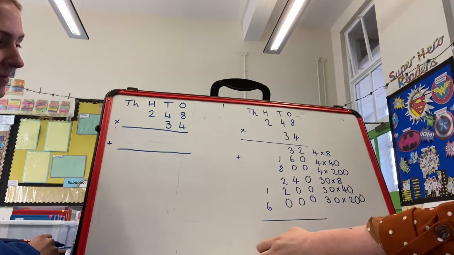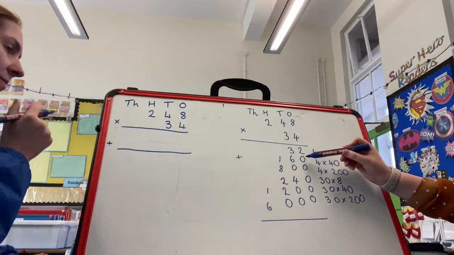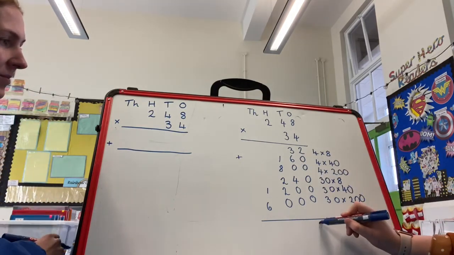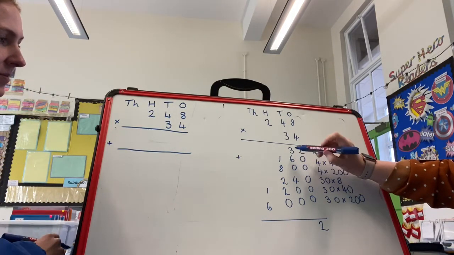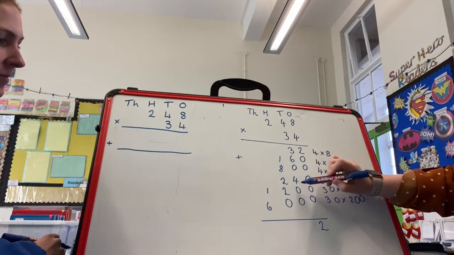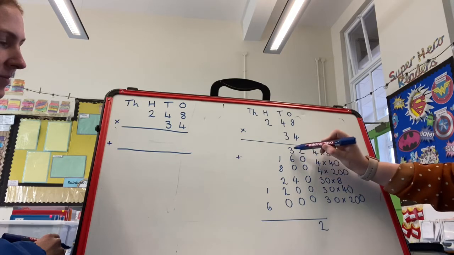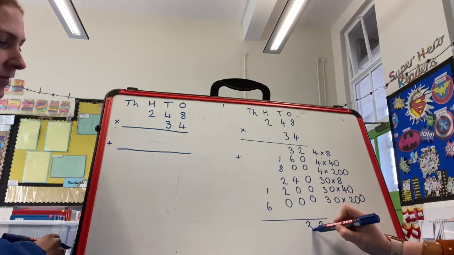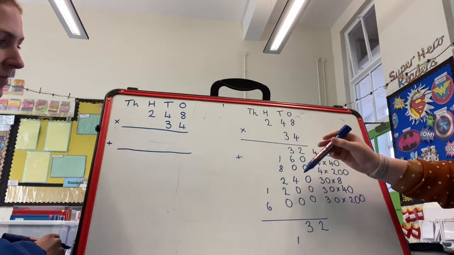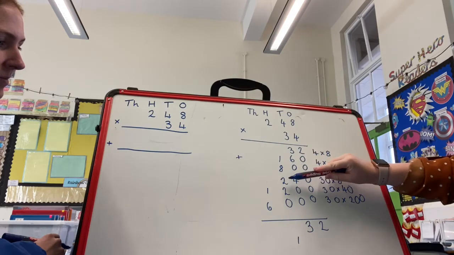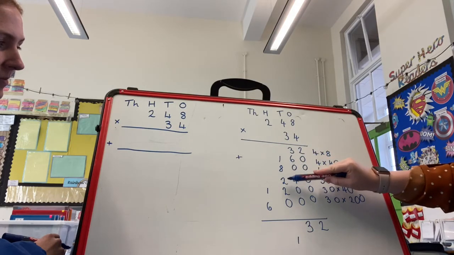all up, all together. 2 and 0, 0, 0, 0, 0 is 2. Got to do 3 add 6 and 0 add 4 and 0 add 0. 6 add 4 I know is 10. So 10 add 3 is 13. And I've got to do 1 add 8 add 2 add 2. 8 and 2 is 10.